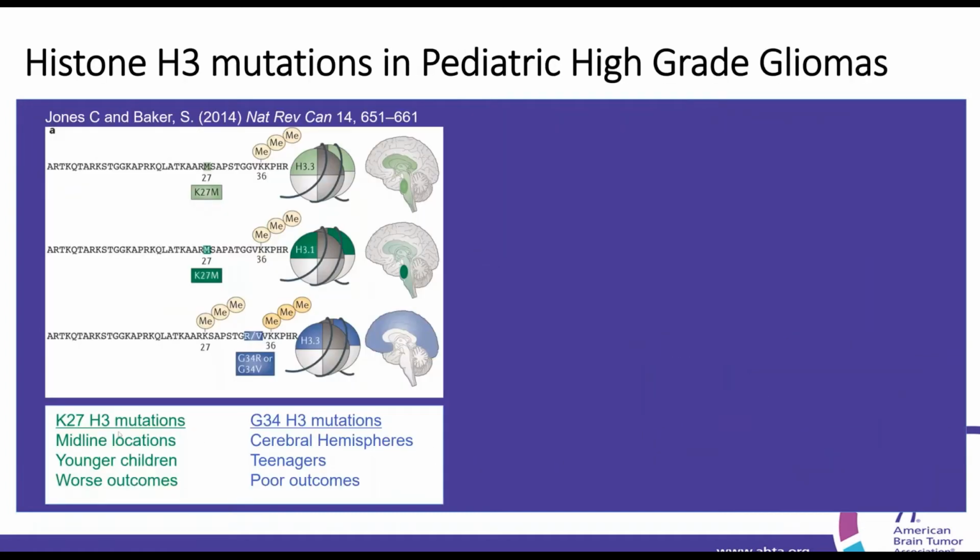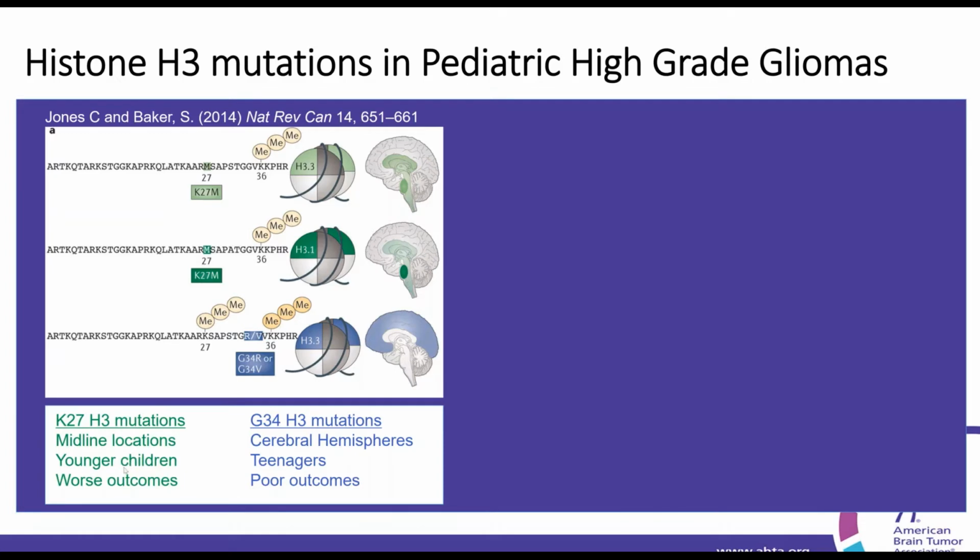Now, interestingly, the type of H3 mutation that arises determines where, at what age, and the clinical course of that disease. So if the tumor has an H3 mutation in the K27 location, coded in green here, it's going to be localized to either the pons or the thalamus.